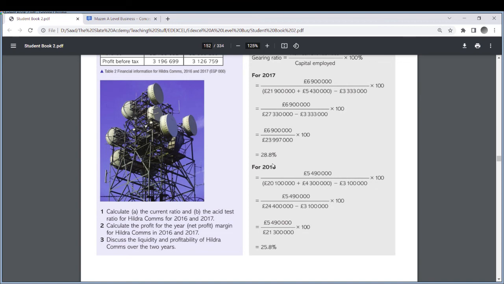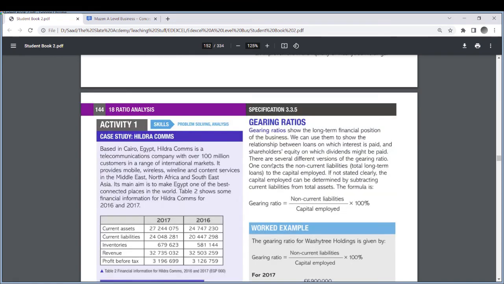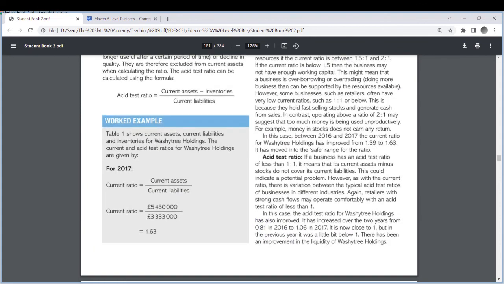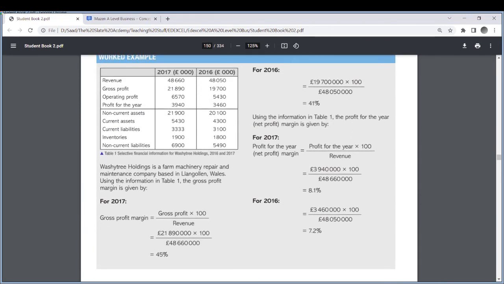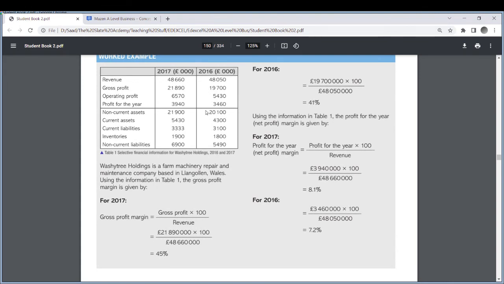In this particular case, it's the same case that we were looking at before. For this business, profitability has increased. It looks like the business is going for expansion. That is why their current ratio has declined a bit, because they are borrowing more and have more current liabilities.